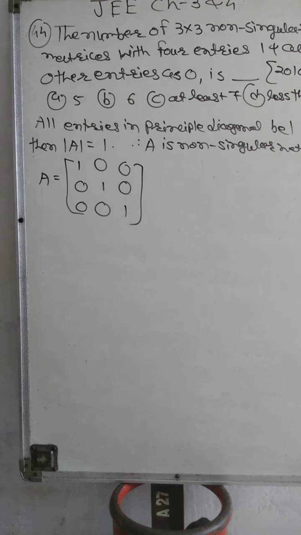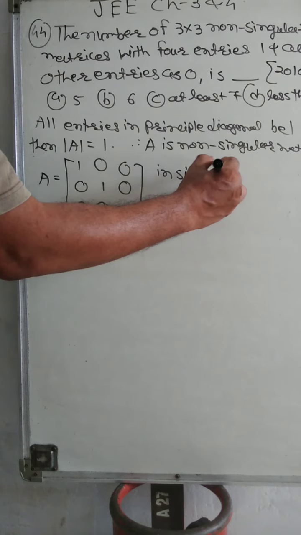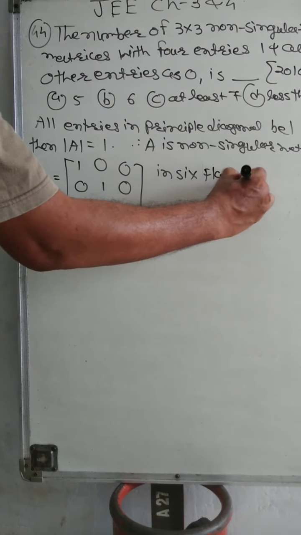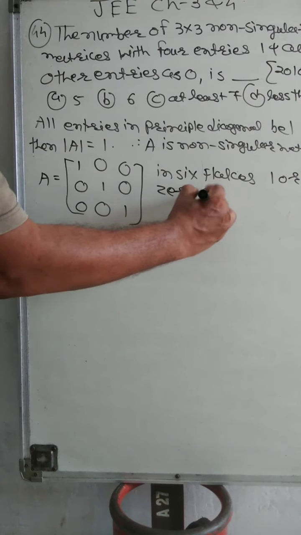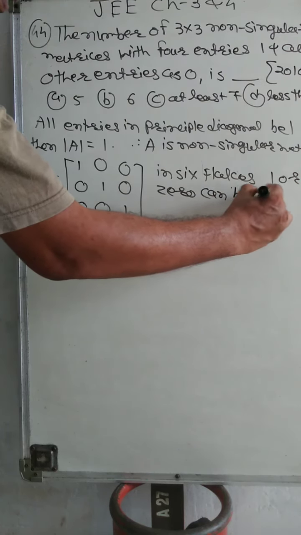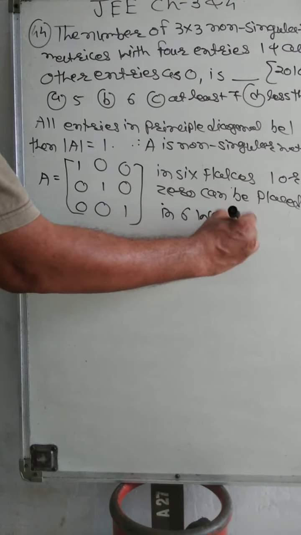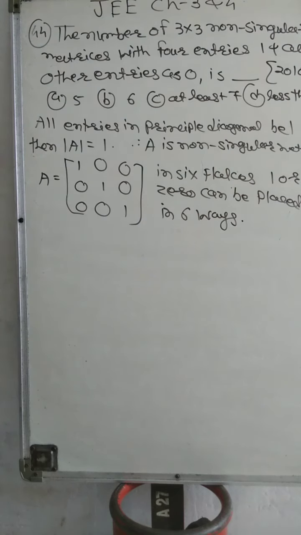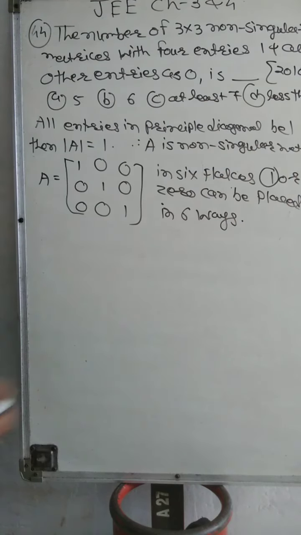So in 6 places, one place can be filled with 1, and all the rest, the 5 entries, can be filled with 0.